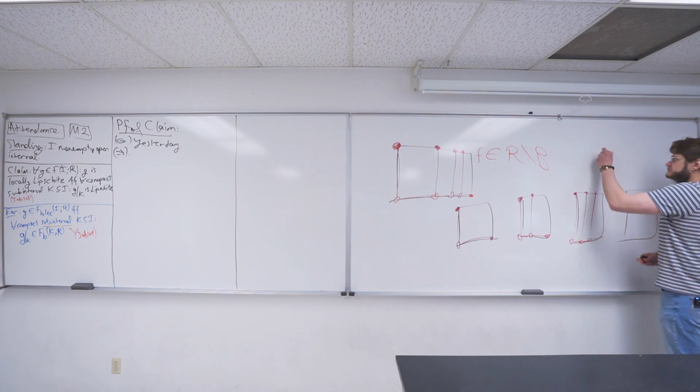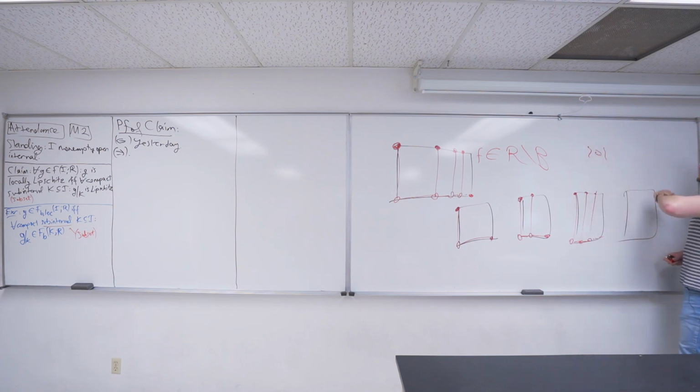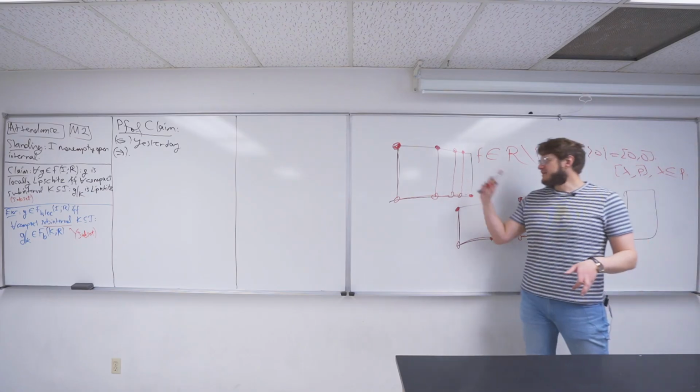So this set that contains only 0, you can think of it as this. Remember, when we were doing integrals, I always wrote lambda to rho closed, lambda less than or equal to rho. So it is allowed. So these are step functions, and they converge pointwise to this function f.